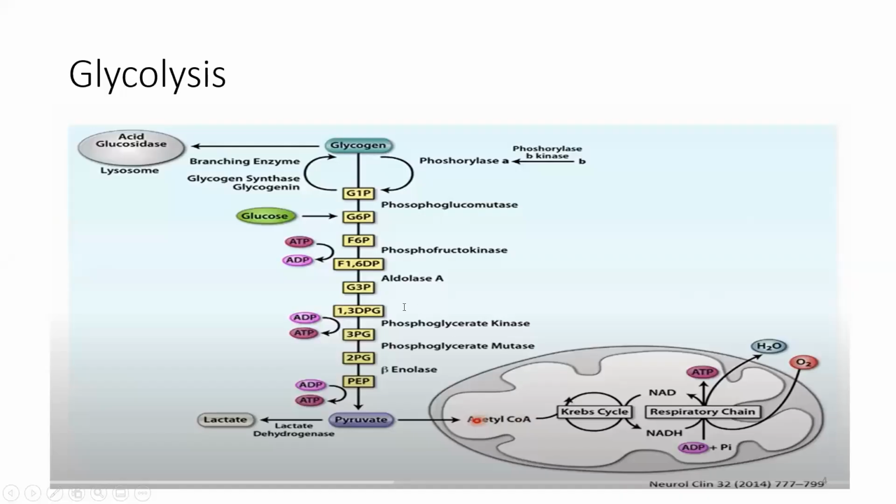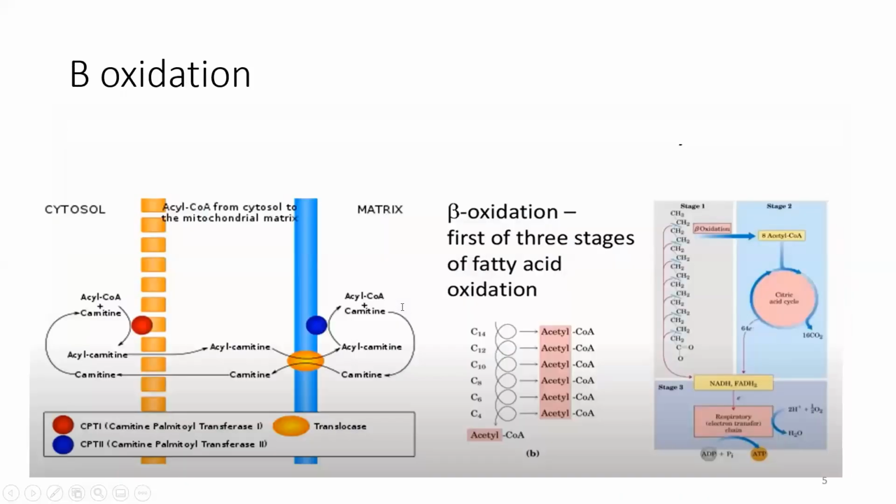These are illustrations for the phases of beta oxidation of fatty acids, 3 stages: beta oxidation of fatty acids, then the respiratory chain or electron transfer chain inside the mitochondria. This is the carnitine shuttle I mentioned before.